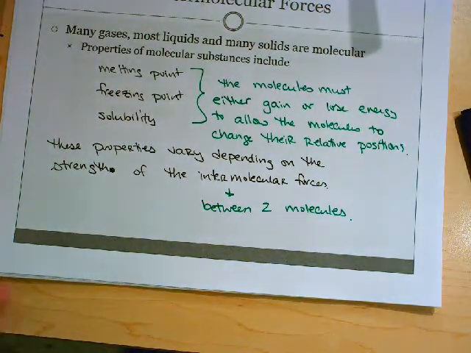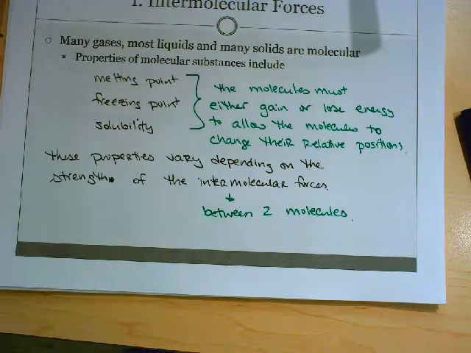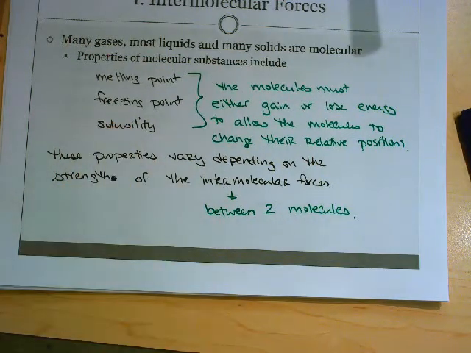When we think about melting something, you have to add heat in, so the molecules have gained that energy and have moved farther apart. If we think about freezing, we take the energy out of the system, the molecules then come closer together and become a solid.